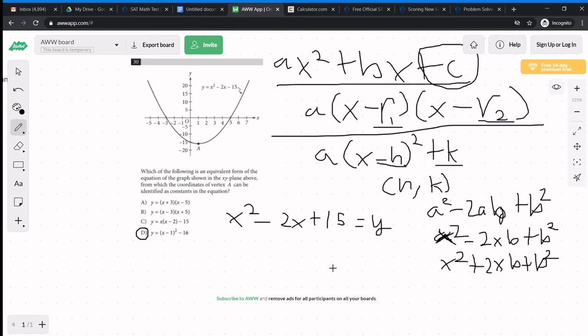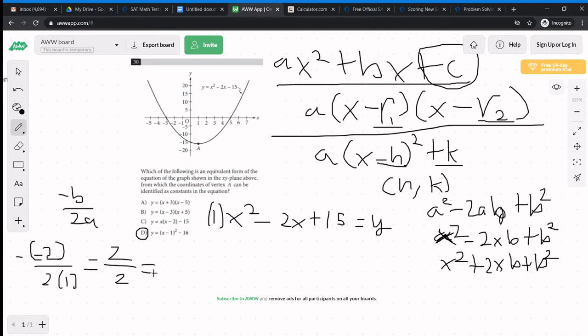The way to figure out your b, you take this value, in this case negative 2, and you plug it into the equation negative b over 2a. So you do negative 2 over 2, and a in this case is just 1. So you get 2 over 2 equals 1.